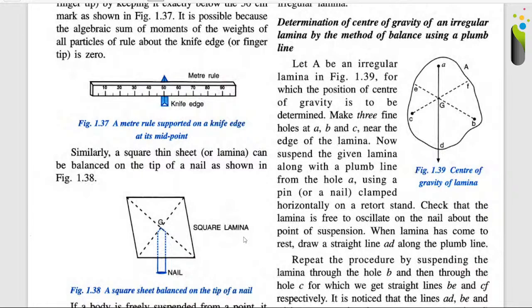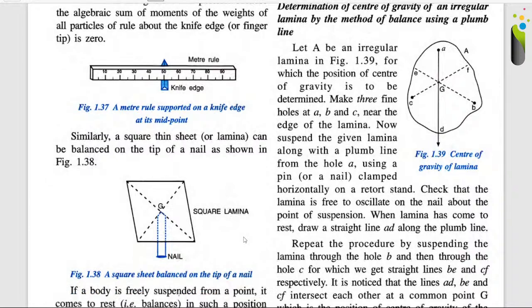Now, coming to the next, determination of center of gravity of an irregular lamina by the method of balance using a Plumb line. Let capital A be an irregular lamina in the figure 1.39 for which the position of center of gravity is to be determined.